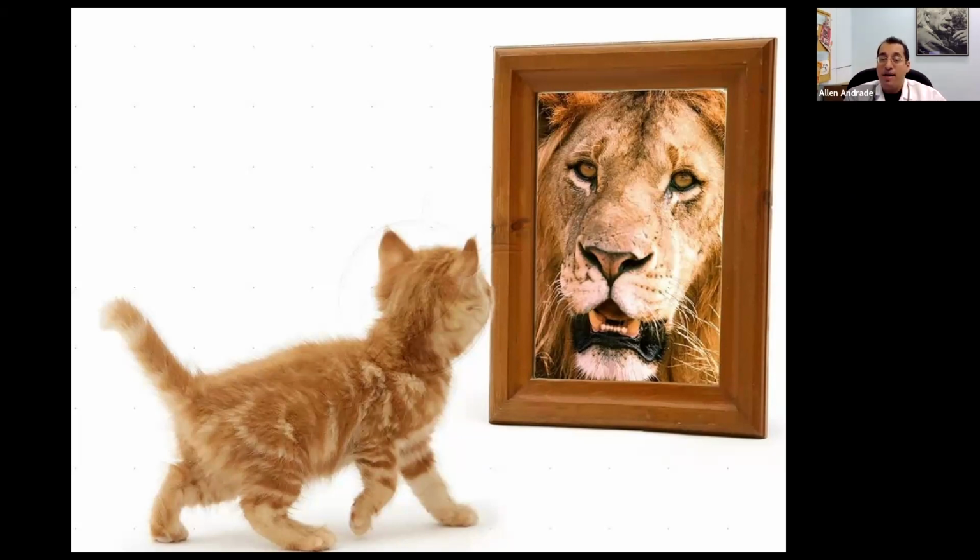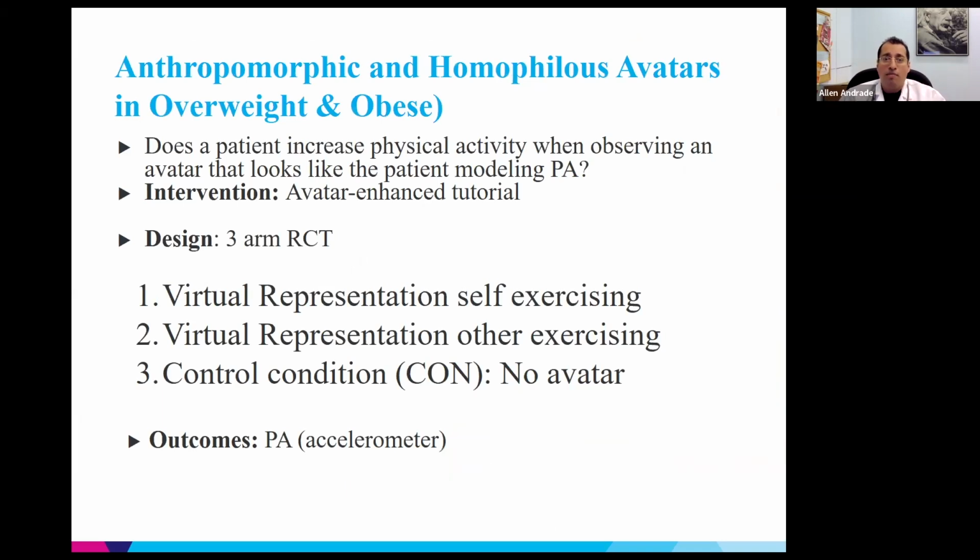Can we help create a digital human that looked like the participant? Would it influence healthy behavior? So with my colleague Dr. Ruiz and the Laboratory of E-Learning and Multimedia Research at the Miami VA GREC, we conducted a randomized control trial to see if an avatar that looked like the patient could influence behavior.